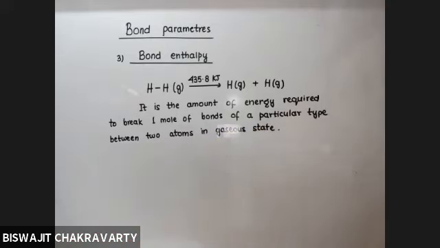So if you want to break down 1 mole of a bond so that it is converted to the respective gaseous atoms, then whatever amount of energy is required is called the bond enthalpy.